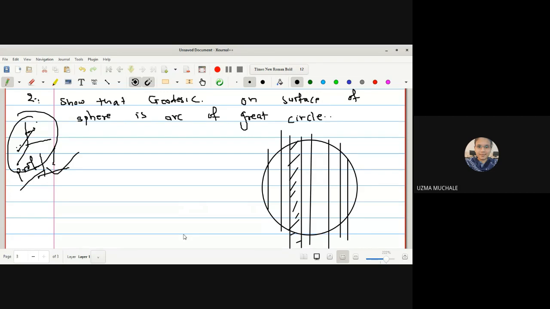Yes, is it so difficult? You cannot imagine how to cut the football or any spherical object. Sphere.